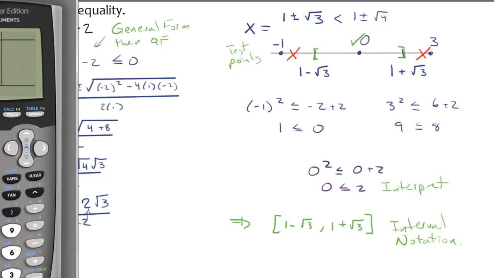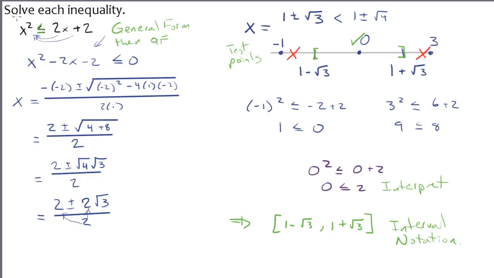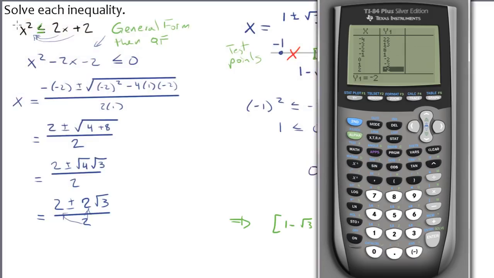I still don't know why it does that. I guess if you start tapping a whole bunch, it does silly things. Or what I could do is I could do x squared, and then for my next graph, do 2x plus 2, and then do these at the same time, zoom standard here.